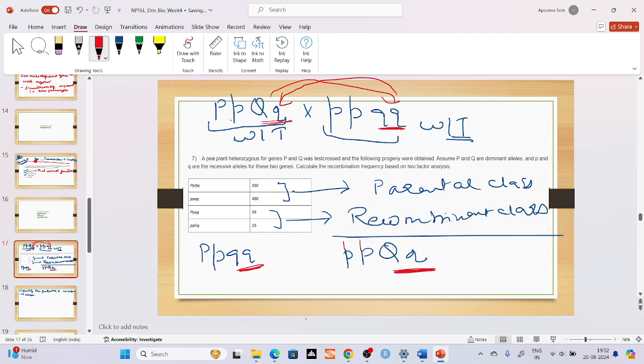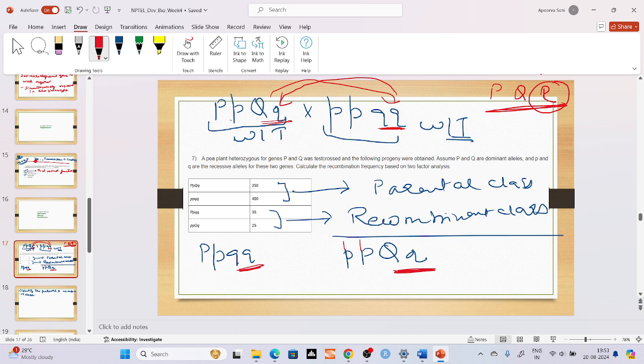Now, if you have three genes, suppose PQR, then this question will be of a 3 point test cross. And from here you got to know that recombination has happened in the R gene, by just doing a comparison like this.